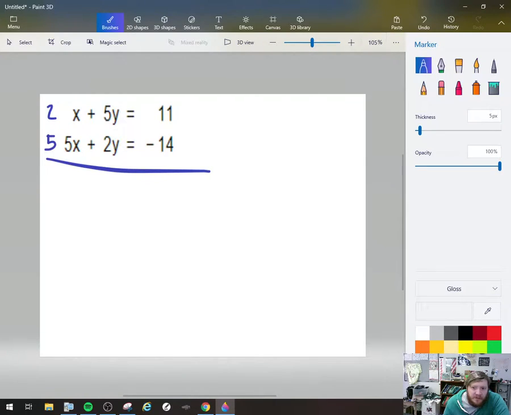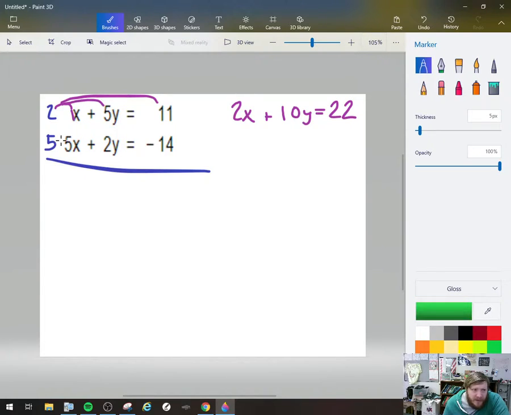And what I'm going to do is take that 2 times each of these up top. That's 2x, right? Because that's 2 times 1. Then 2 times 5 is 10. And then 2 times 11 is 22.